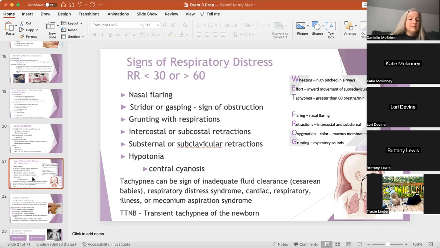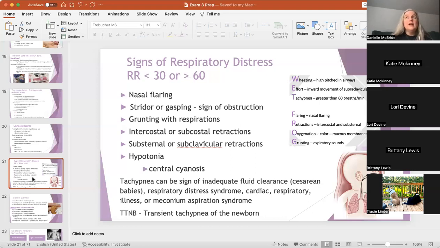What's the one, the really fast birth? Would that cause it? It could. Is it precipitous? Yeah, good. Precipitous birth. So babies that come down and out really fast might have an inadequate fluid clearance, and they can have tachypnea and signs of respiratory distress.